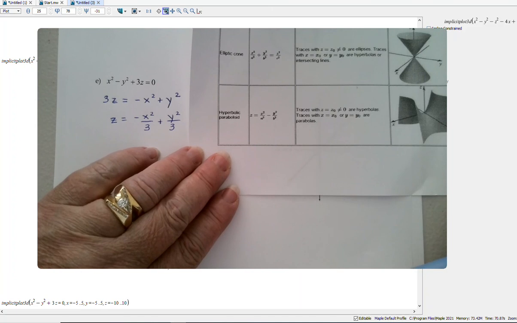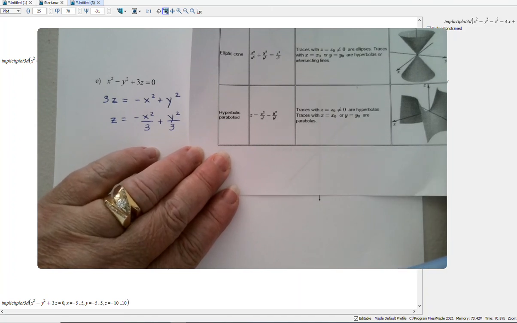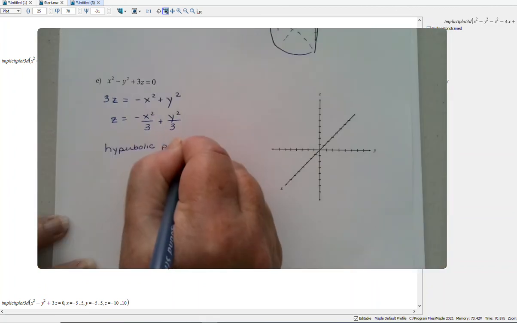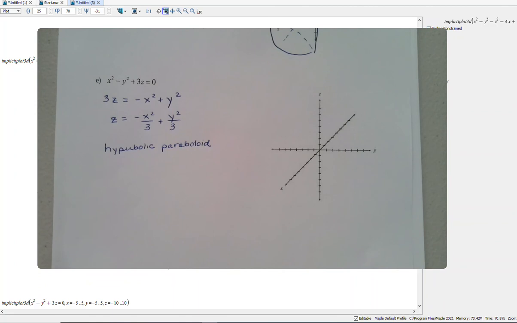You'll see when I draw these, this is the hardest one for me to draw. When I draw it, I'll make a slightly different look to it, but I think it'll be okay. All right, so I think we've got a hyperbolic paraboloid.